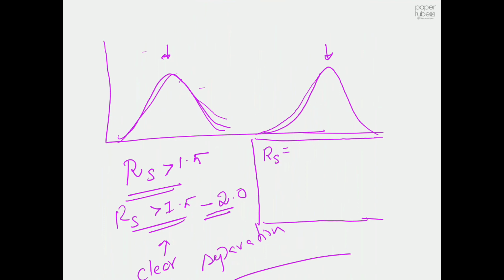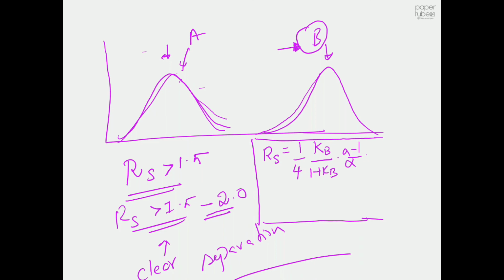Separation factor is equal to K_B divided by K_A. In this case, say this is your molecule A and this is your molecule B. Molecule B elutes later, so K_B divided by 1 plus K_B, alpha minus 1 divided by alpha, multiplied by the square root of n, where n is the number of theoretical plates.